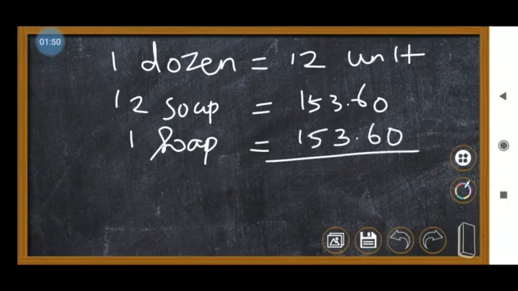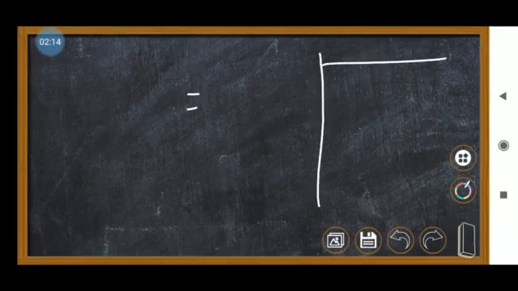153.60 divided by 12. Okay, sir, how do we have to divide this? If you know the 12 table it will be very easy, but anyway we can also do the 2 table and 3 table. For the first one, I will show how to solve it.